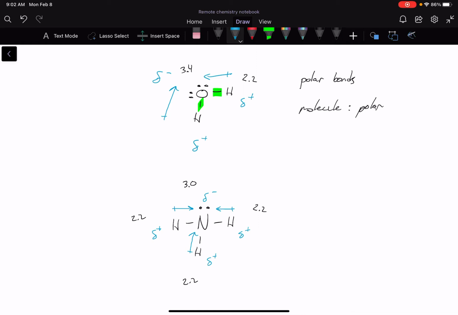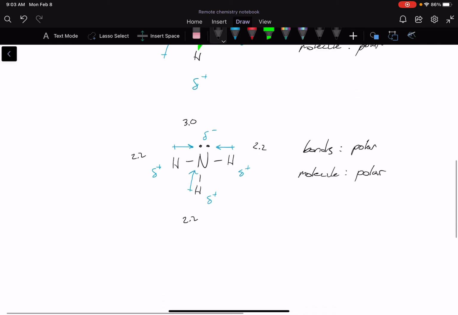So each bond in this molecule is a polar bond. And then the molecule itself, you can see there's more negative charge on this end of the molecule, and on this end of the molecule there's a more positive charge. So this is an asymmetrical molecule, and so this is also a polar molecule.